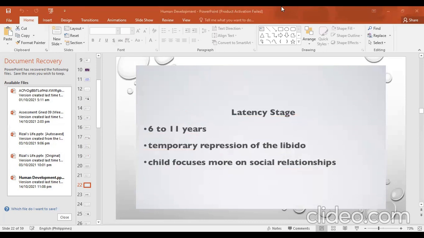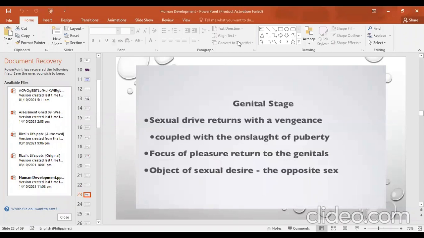Okay. So next, we have the genital, the last stage. Genital stage, 12 years old, pataas. Okay? So sexual drive returns with vengeance, coupled with their onslaught of puberty. Focus of pleasure return to the genitals.